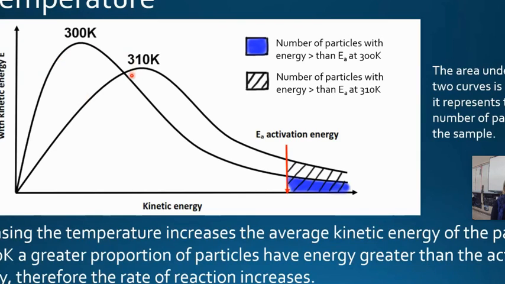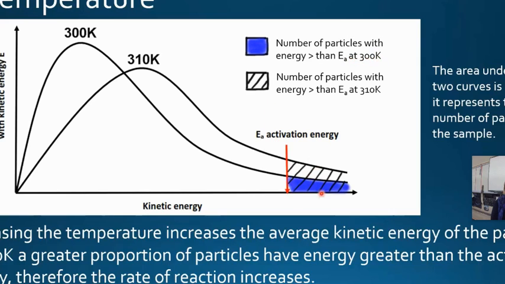Here we can compare the two Maxwell-Boltzmann distribution curves for two samples of gas, one at 300 K and one at 310 K. The area under the two curves is equal, as it represents the total number of particles in the sample. And we have this blue area, and we have the shaded area here. The blue area represents the number of particles with energy greater than the activation energy at 300 Kelvin.